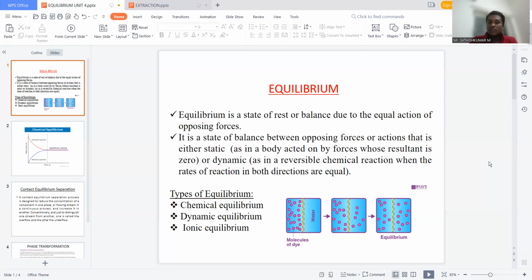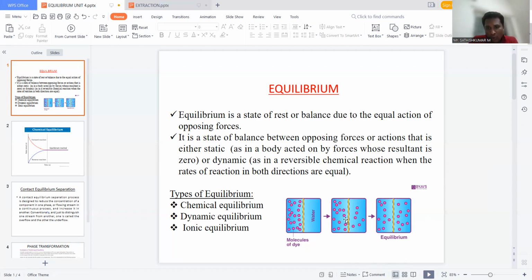This picture clearly explains the equilibrium process. First, there is a solution containing a large number of solid particles. Second, there is water that does not have any solid particles.